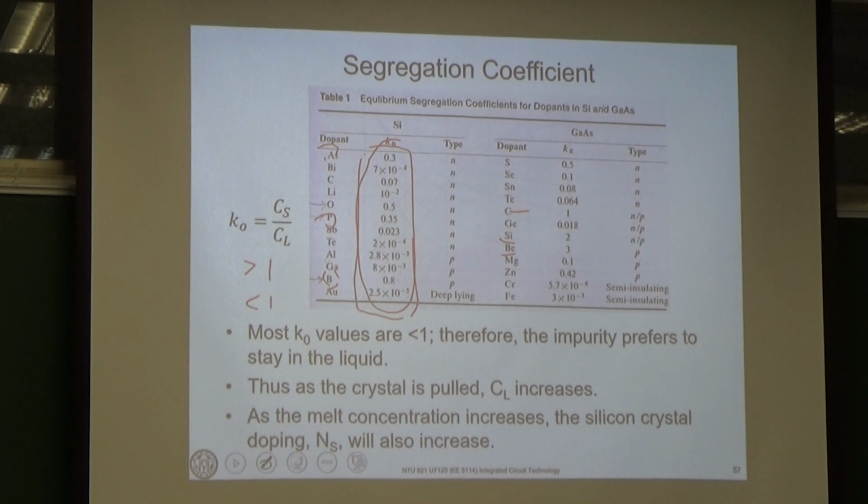So the question is, which one will give you a more uniform doping profile across your ingot? You want to choose a coefficient close to 1 or much smaller than 1? Do you know the question?